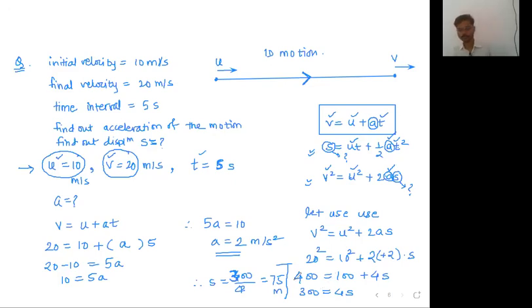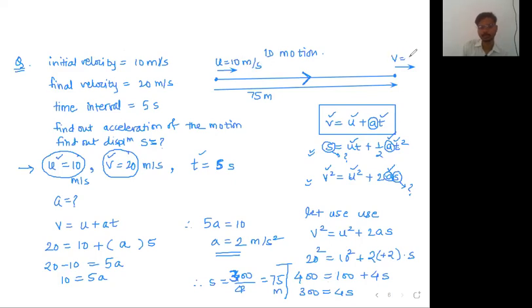Now we found out the displacement also. We have initial velocity, we have final velocity, we have time. Now we have displacement also. How much is this displacement? Sir, this displacement is now 75 meter. Initial velocity 10 meter per second.